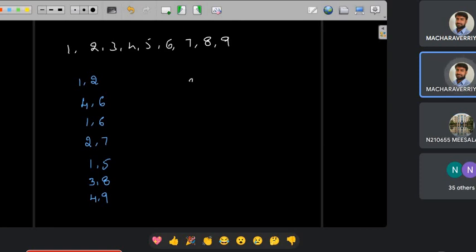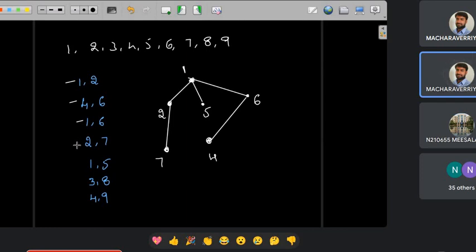So you draw the graph. 4, 6 we have, 1, 6 we have, 2, 7 also we have, 1, 5, 3, 8 and 4, 9. Okay. So here we can establish 4, 9. Next 3, 8 is left. So this is 3. Let me take 8 here.